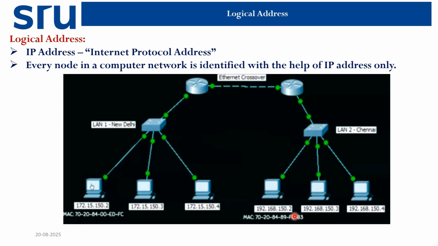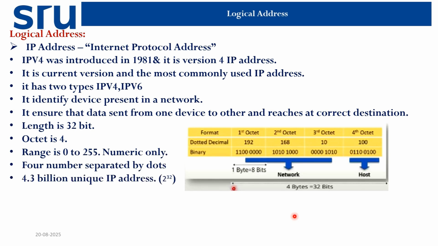So this is the IP address. Already you know an IP address is in a 32-bit range, consisting of 4 octets, and this IPv4 address is represented either in dotted decimal or dotted binary form. Each octet consists of 8 bits, that is 8 into 4 octets, so the total length of the IPv4 address is 32 bits, and each octet ranges from 0 to 255.